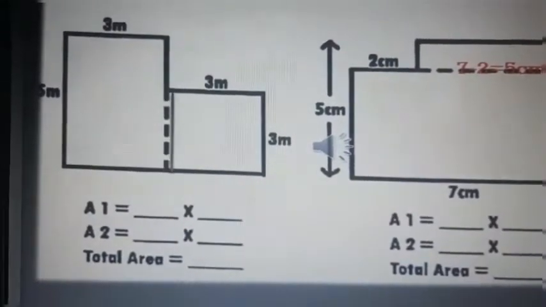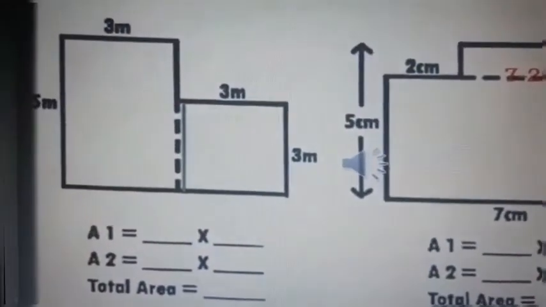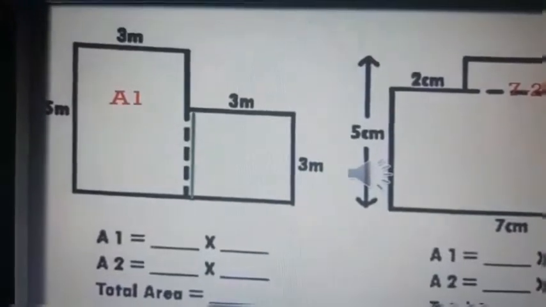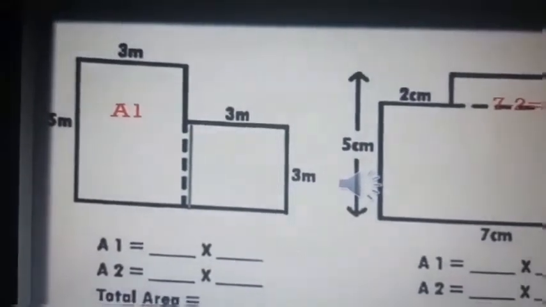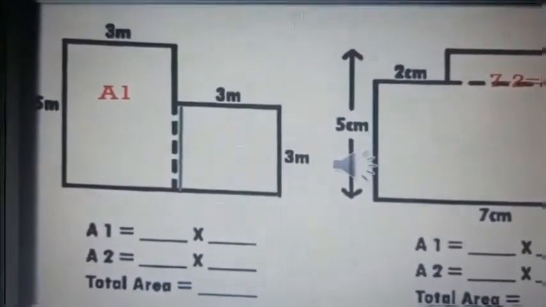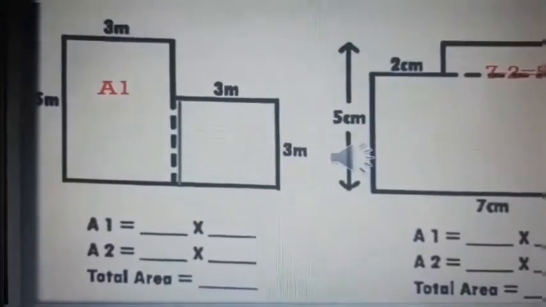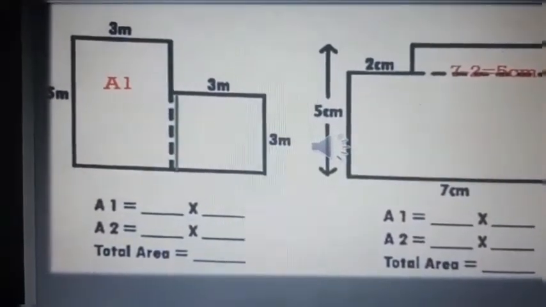So I make a line here and we get 2 shapes. Look here at the first shape. I have 2 dimensions, not equal, 3 meters and 5 meters. So this is a rectangle, and to get its area, we multiply them: 3 times 5.